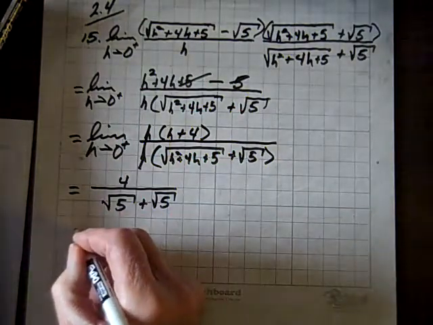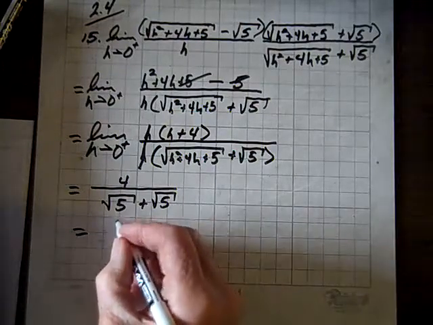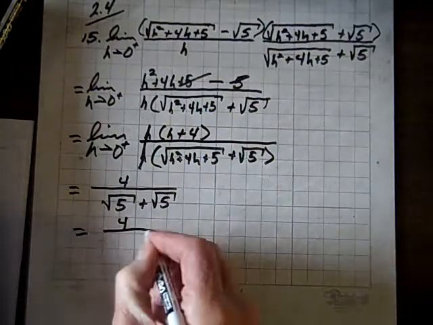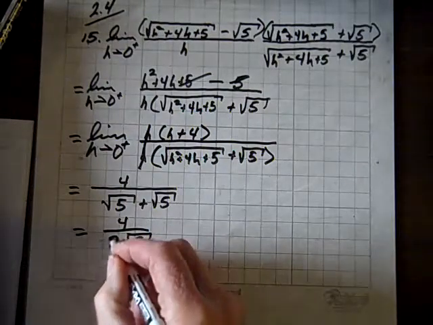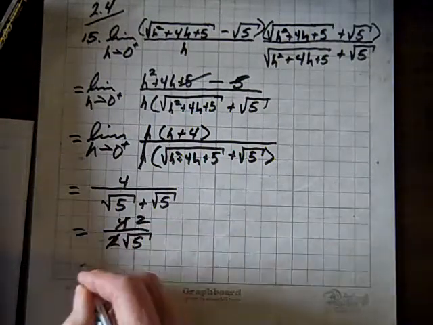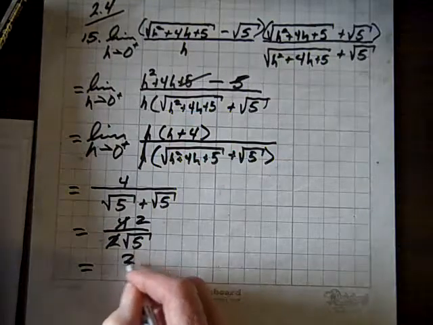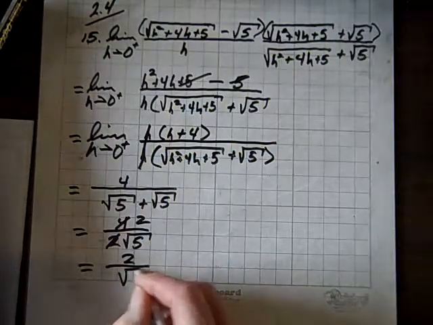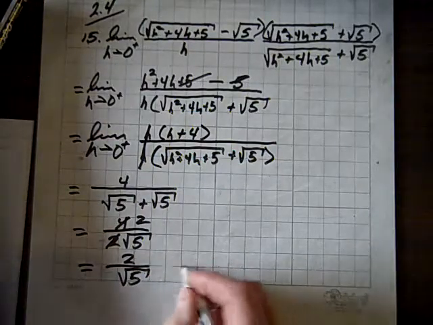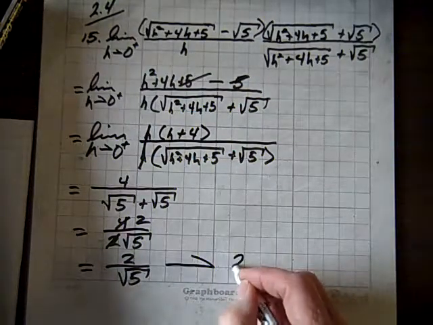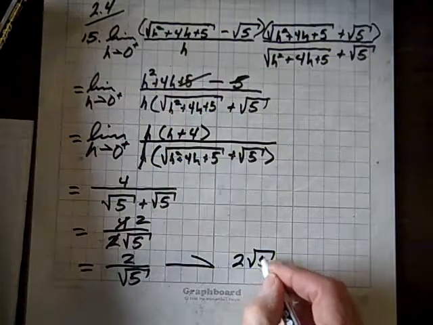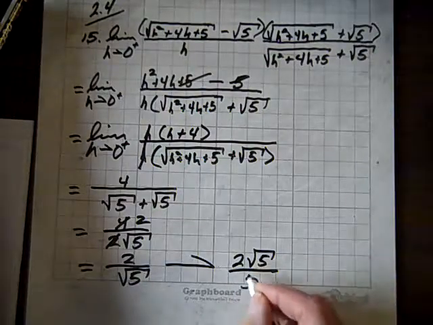And so what we get here is 4 over 2 square roots of 5, but 2 goes into 4 twice, so we get 2 over root 5. And if we were to rationalize that denominator, we would have 2 root 5 over 5.